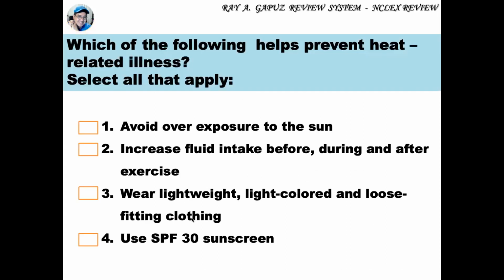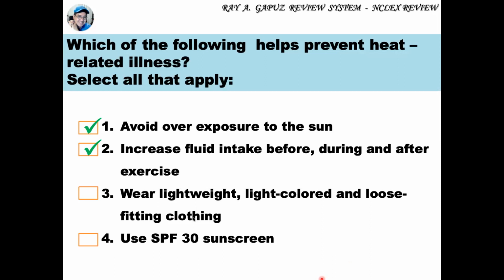Now, which of the following helps prevent heat-related illness? Select all that apply. Number 1, avoid overexposure to the sun, yes or no? Of course yes. If you find a shade, might as well go to the shade than expose yourself to the heat. Number 2, increase fluid intake before, during, and after exercise. Yes, hydration is a must in order for us to prevent heat stroke.